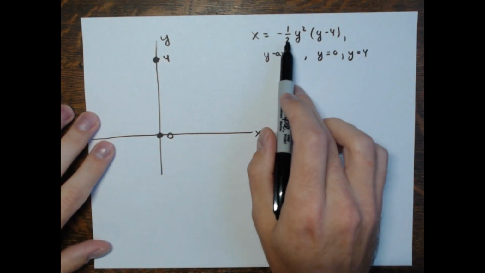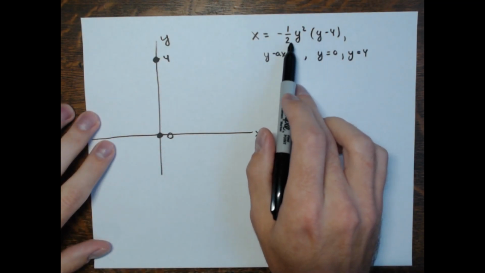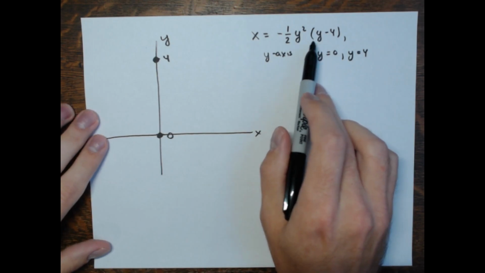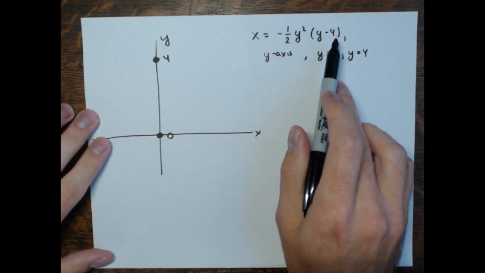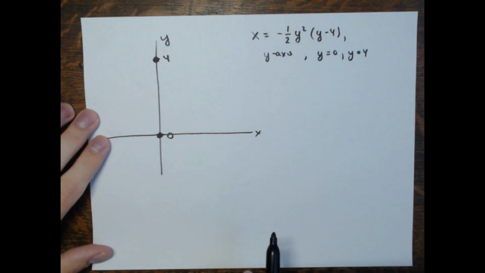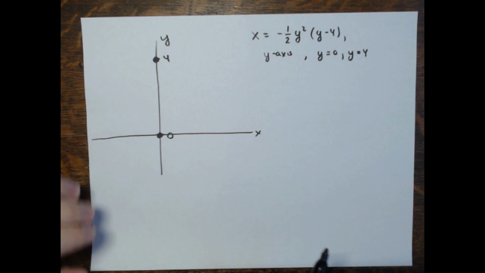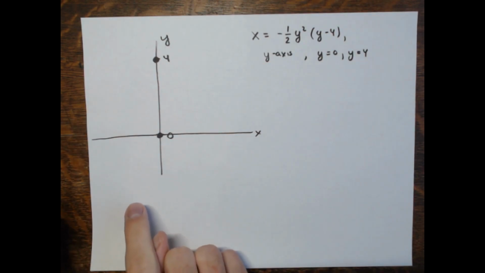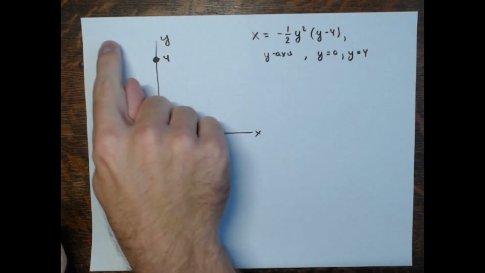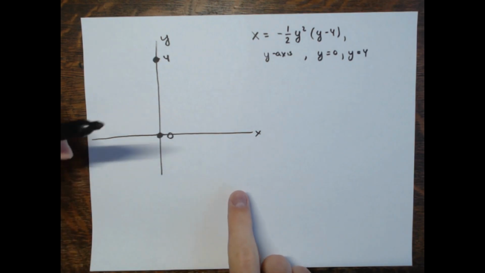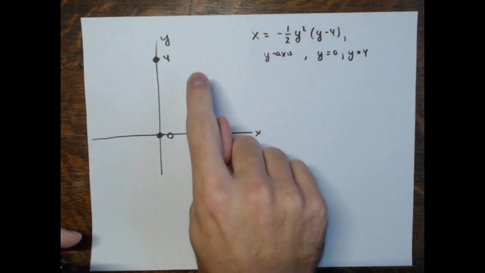And this is like some sort of cubic polynomial. x equals negative 1/2 y cubed plus 2y squared. And yeah, so if you imagine, if y and x were switched, it would look like this, and then I switch x and y, flip that around.